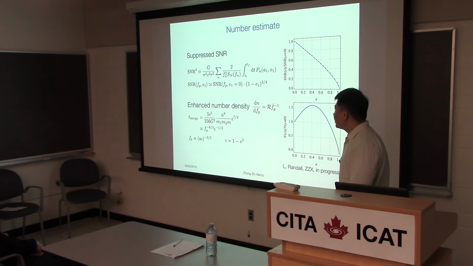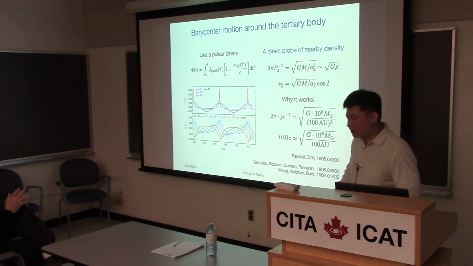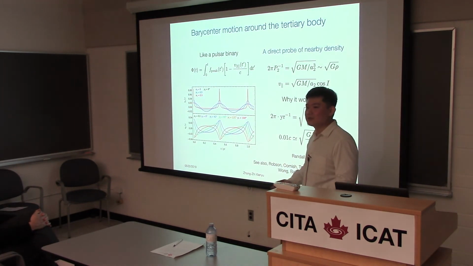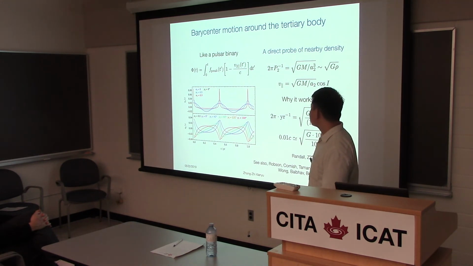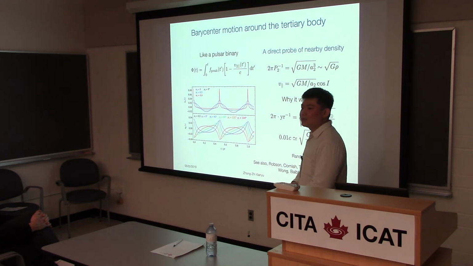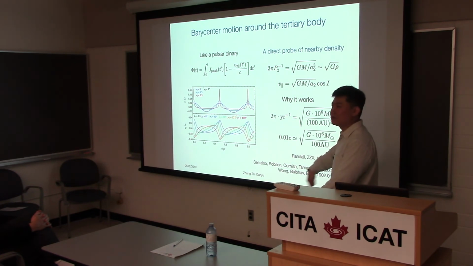So the first thing we can think about when we talk about triples is that if we really have a binary in a triple, then we can do something similar to binary pulsars. The idea is that the radiated gravitational wave simply gets Doppler shifted by your orbital motion around the third body.